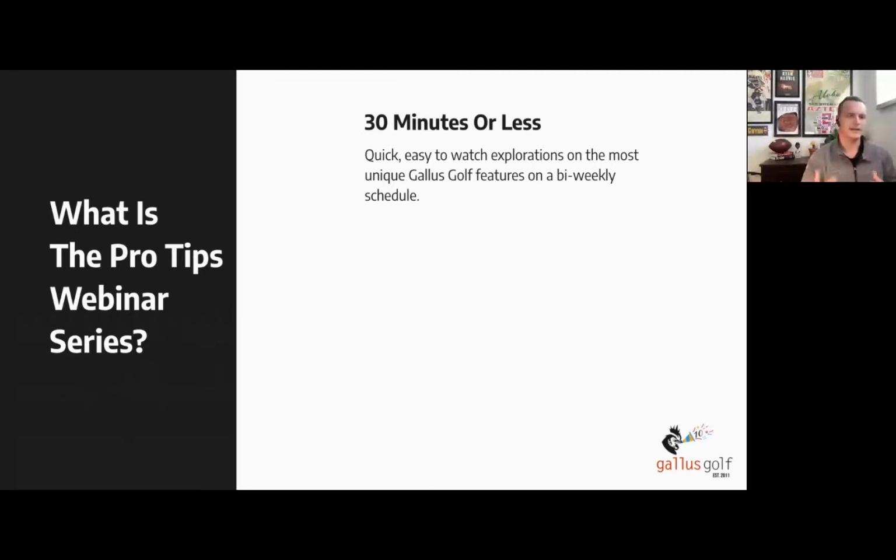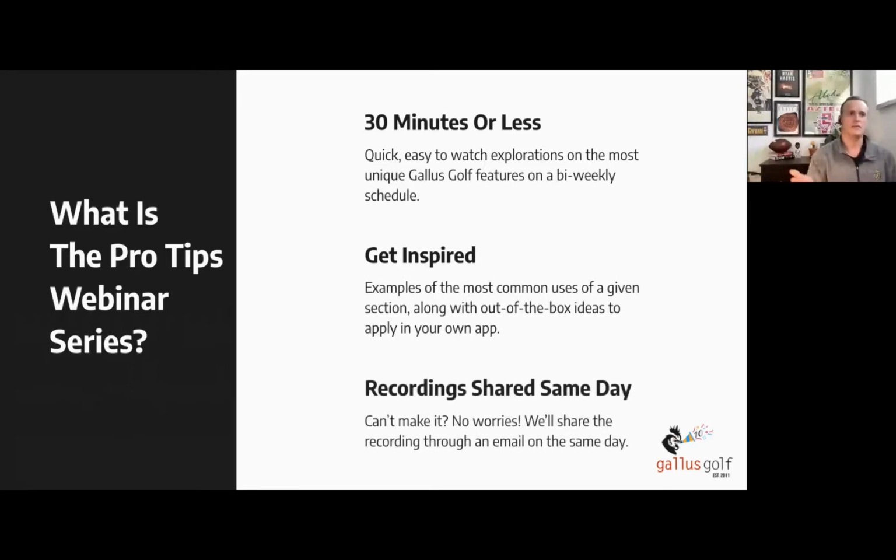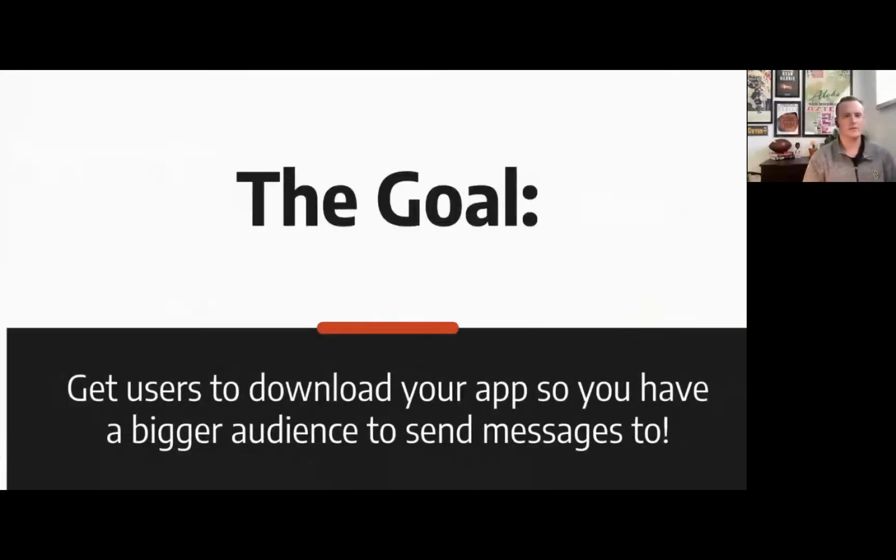We want to get in and get out of it. We're doing them every other week just to get you started for the season. We are trying to inspire you and show you some things that maybe you hadn't considered, or maybe you considered it initially when you launched your app, but you actually decided to focus on some other things. So now it's time to maybe add a couple other things in.